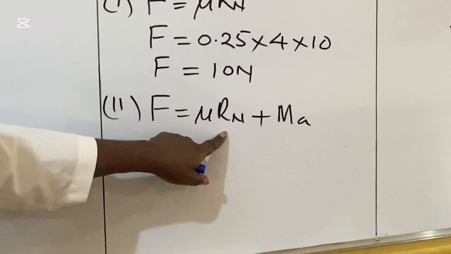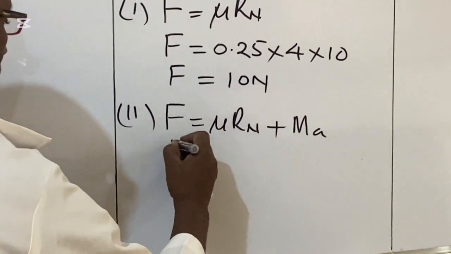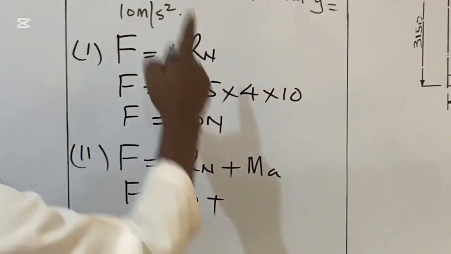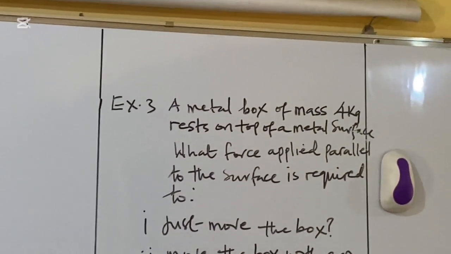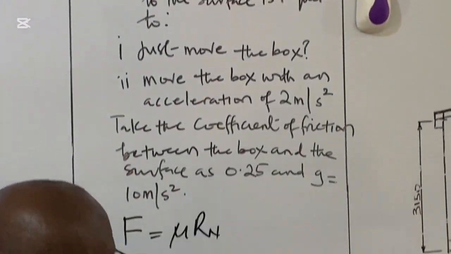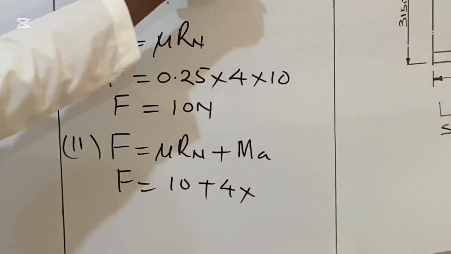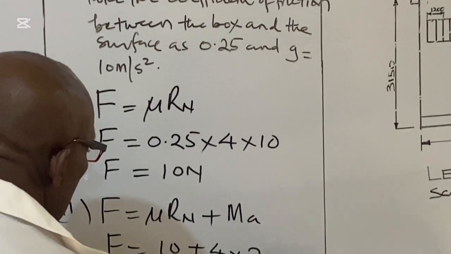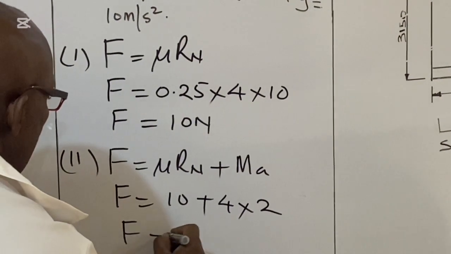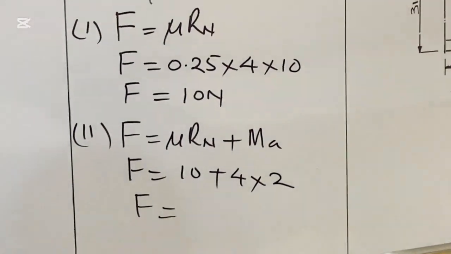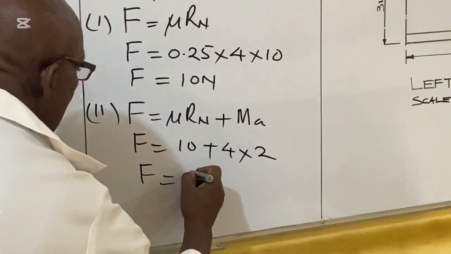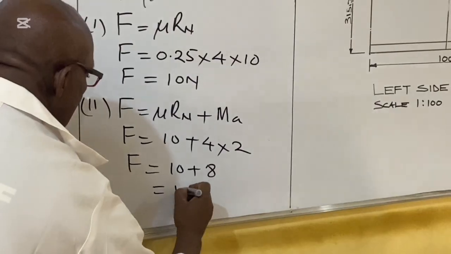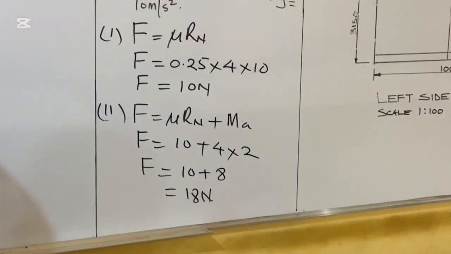I'll put F is equals to 10, right? Plus, what is the mass? The mass is 4 kilograms times 4, they said the body moves with an acceleration of 2 meters per second squared, times 2. Now, if we evaluate this, we get 10 plus 2 times 4, which is 8. Now we have 10 plus 8, which gives us 18 Newton.